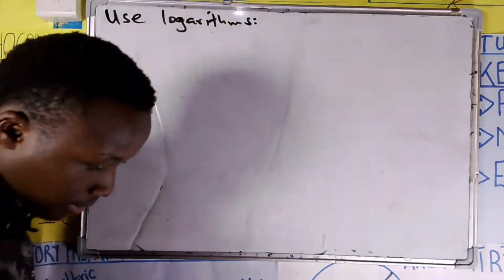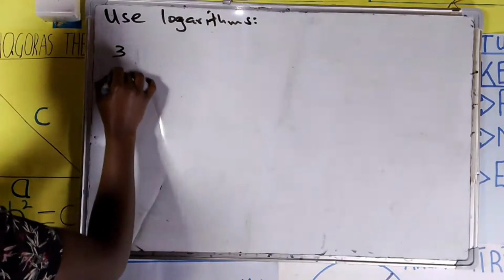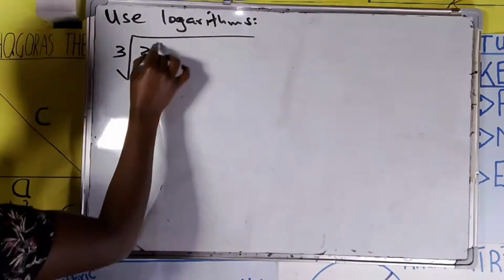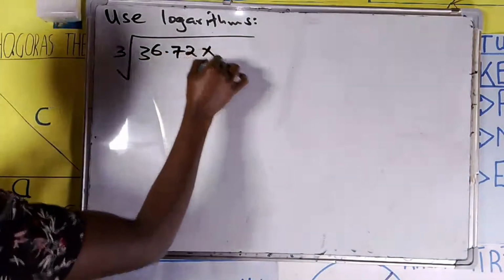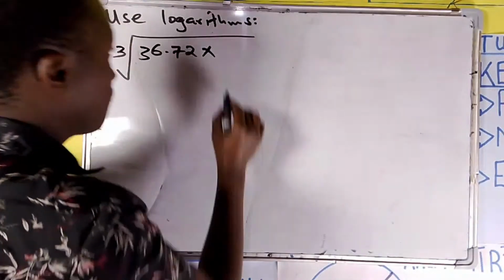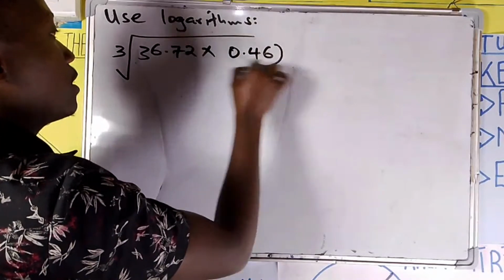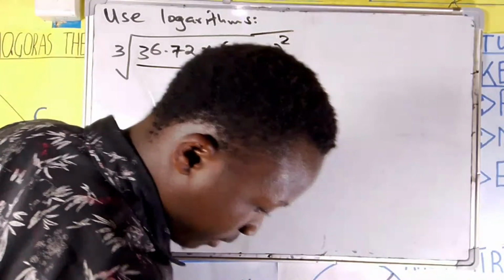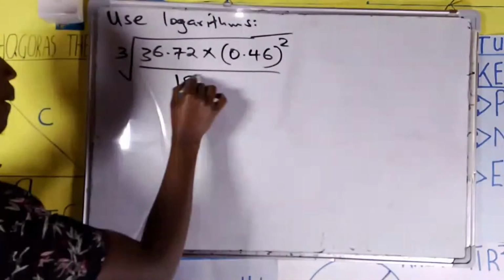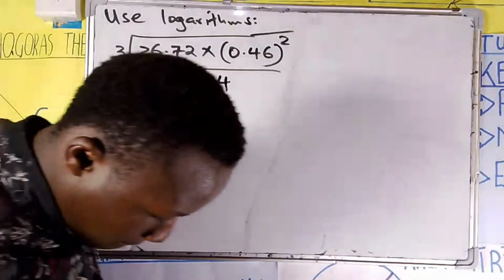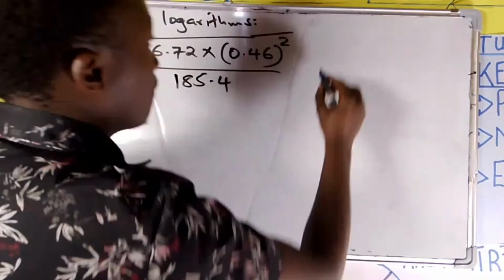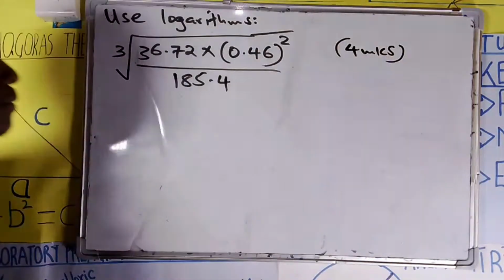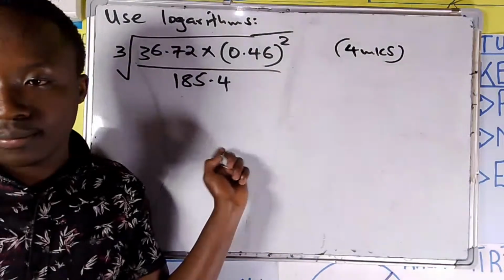Use logarithms. Cube root of 36.72 times 0.46 squared over 185.4. 4 marks. Okay, let's do this.